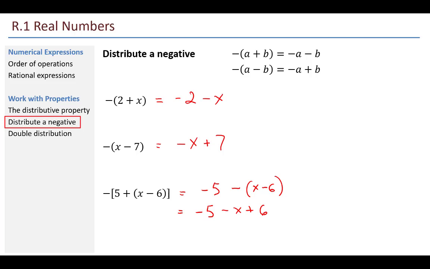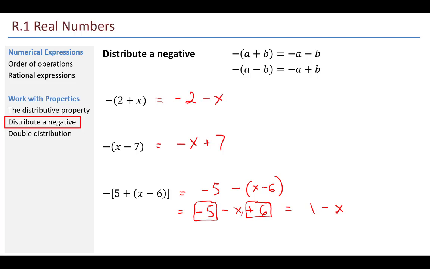Now I can do a little bit of simplifying. You see I have a -5 and a plus 6. How do a -5 and a plus 6 combine? That gives me a +1. So I can call that just simply 1, and I have a -x remaining. 1 minus x, right there.